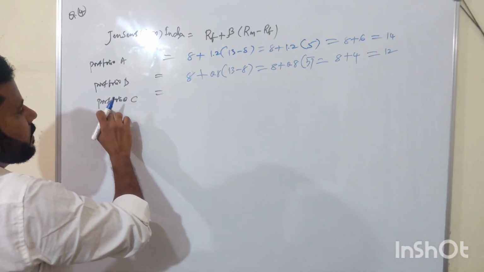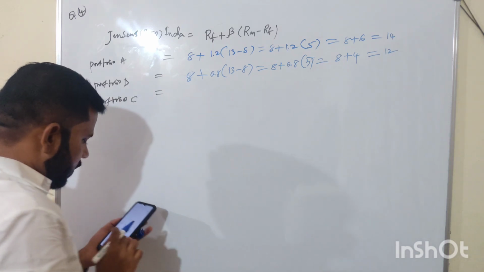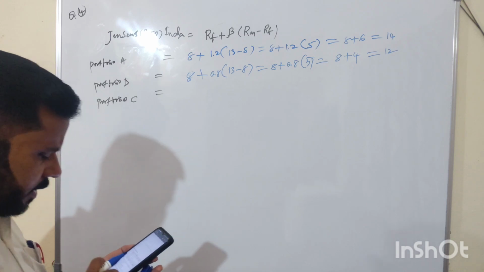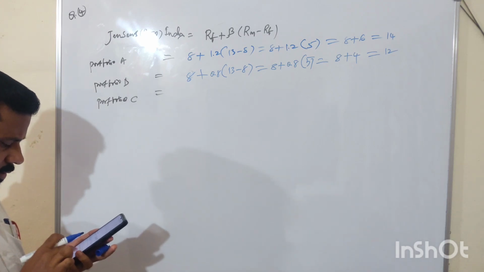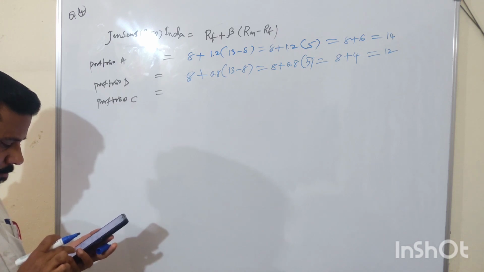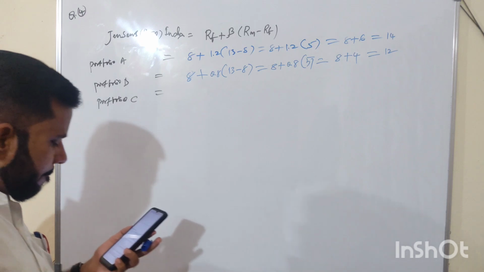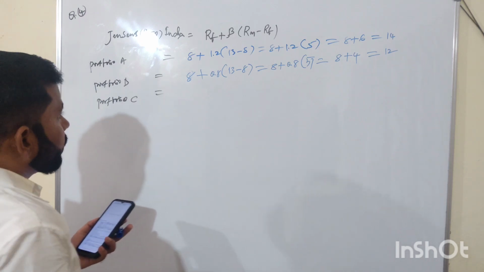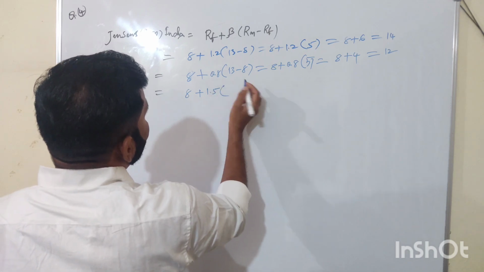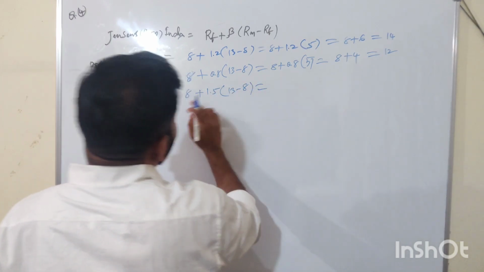Now let's calculate the last and final one, portfolio C. Let me check the beta, because only that changes here, everything else is the same. The beta is 1.5. 8 plus 1.5, market return 13 minus 8.